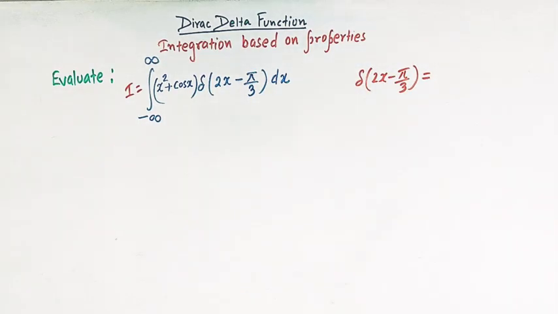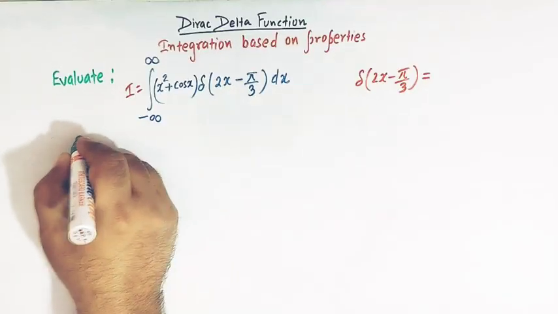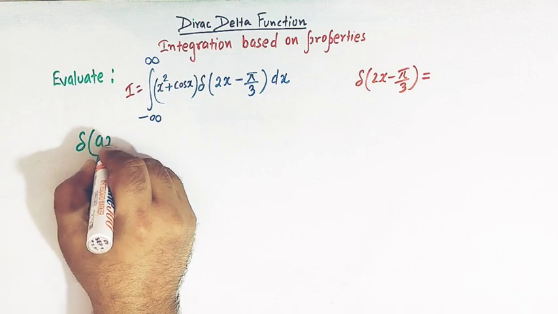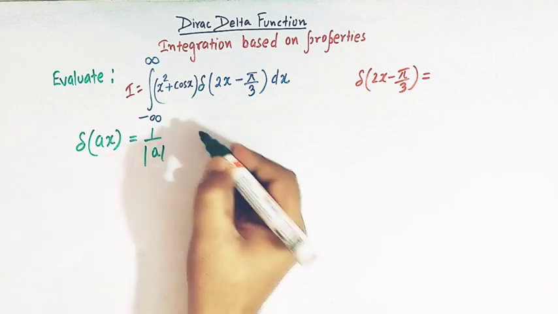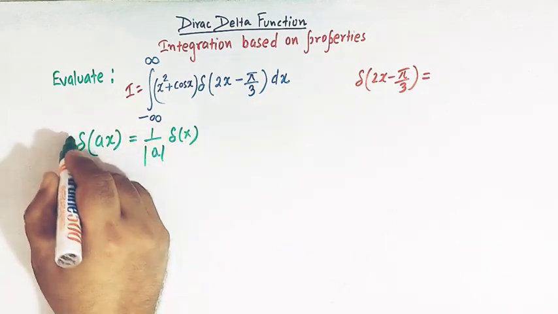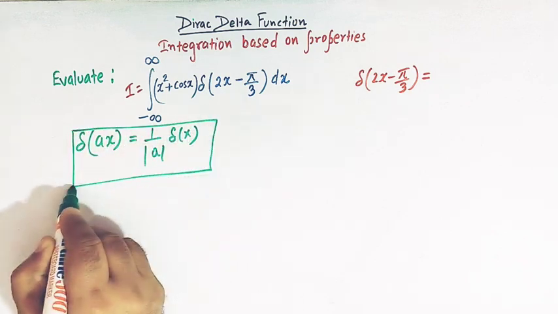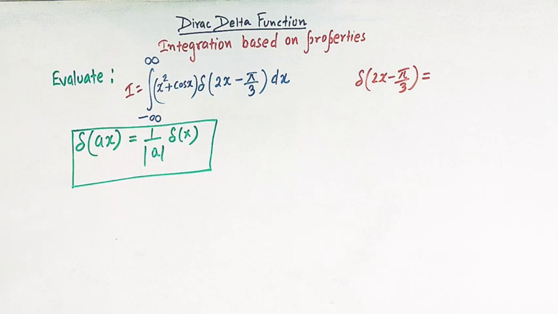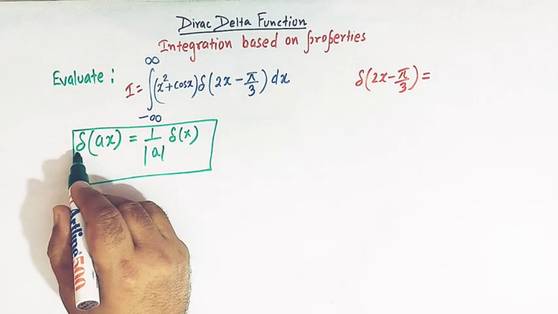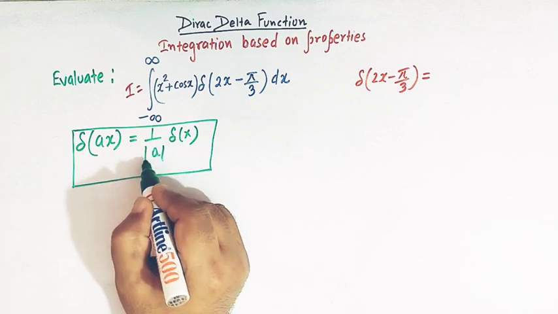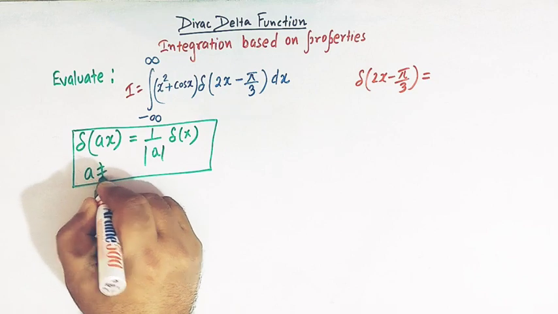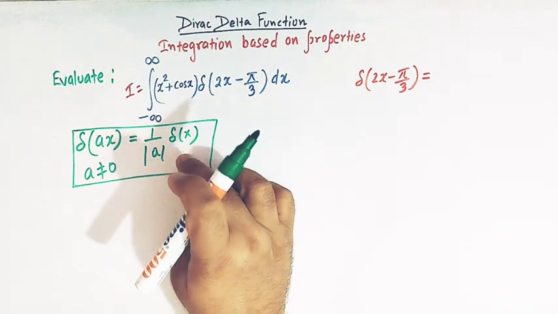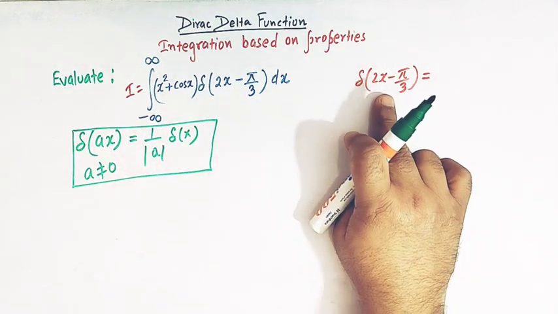So we will make use of one important property of Dirac delta function, which says that delta of ax is equal to 1 over mod of a times delta of x. This is an important property. Here delta of ax is equal to 1 over the absolute value of a times delta of x, provided a is not equal to 0. So we'll try to apply this property to this function.